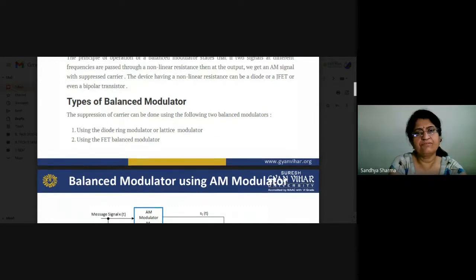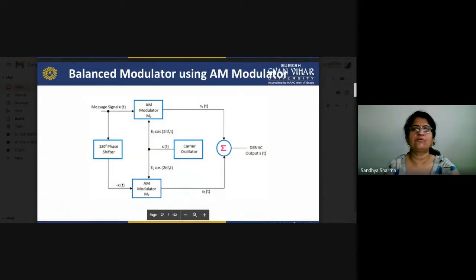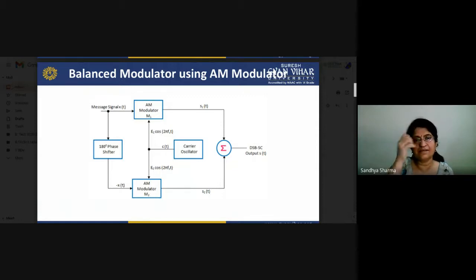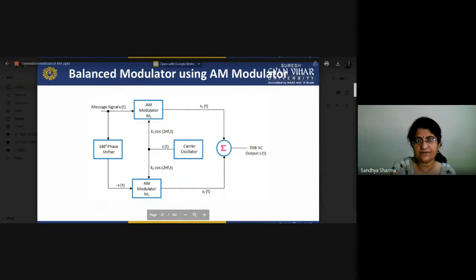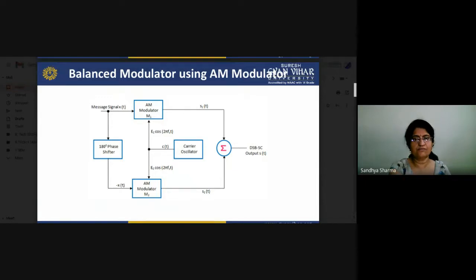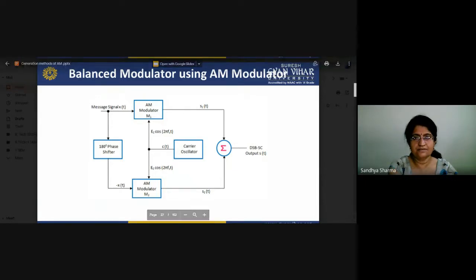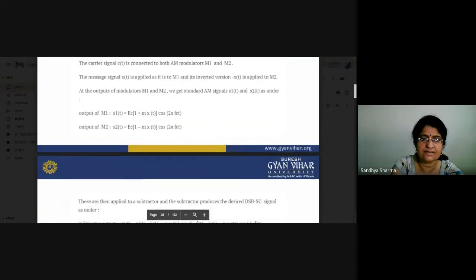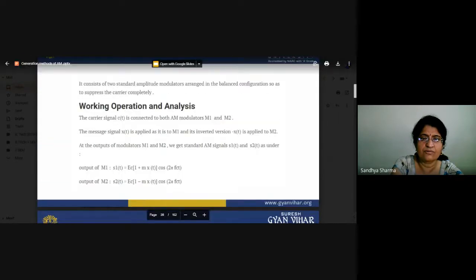First of all, we will see the balanced modulator using the AM modulators. You can see here there are two AM modulators, and we are providing the signals x(t) and minus x(t) to them. And here we are providing the carrier signal, and we will receive S1 and S2. That is basically a combination of message signal and carrier signal. You can see in the next slide, what about S1(t)?